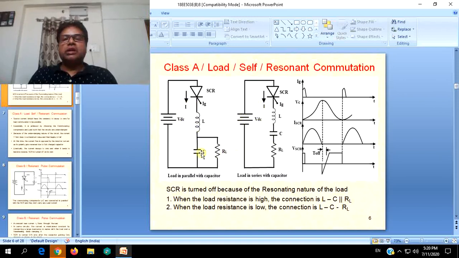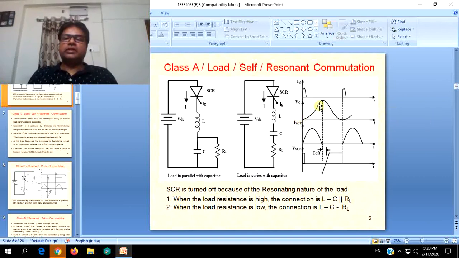Because of the underdamped nature of the circuit, current tends to increase to a maximum value and then tends to fall down. You can recall this from the underdamped nature of any circuit, where there will be an overshoot and undershoot, and overshoot and undershoot, before reaching the final value.